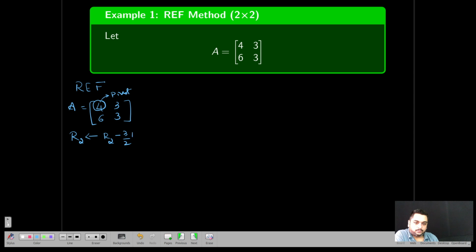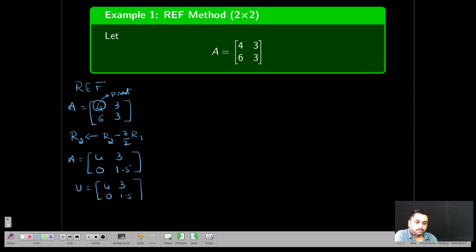So the reduced matrix will be 4, 3, 0, and then this will be 3 minus 3 by 2, so 1.5. Now, whatever you see as 0 here, this is an upper triangular matrix. So I have got my upper triangular matrix.